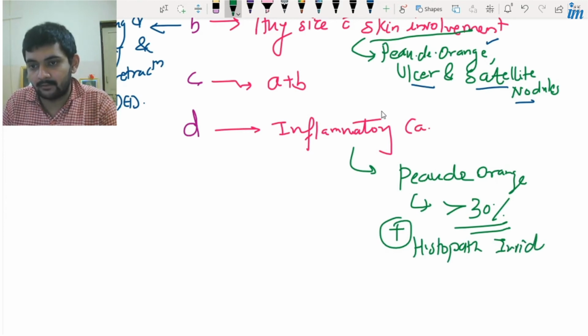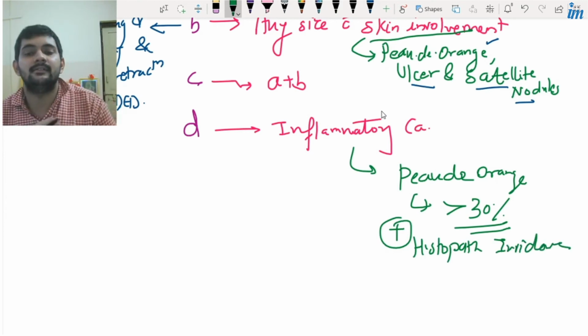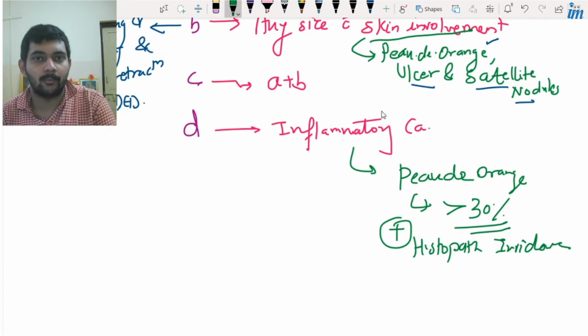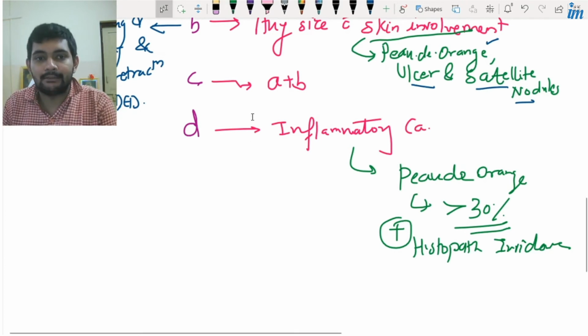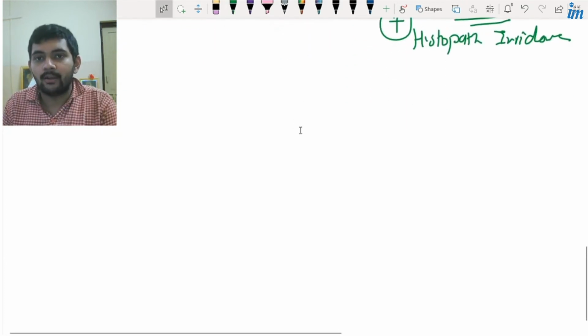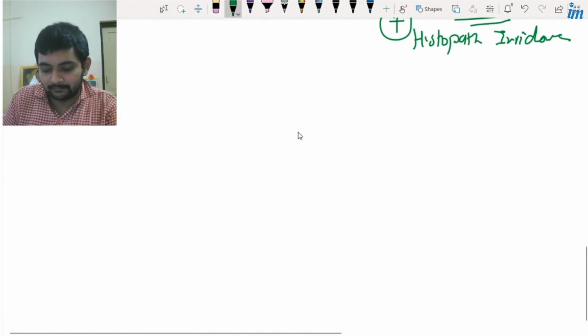And histopath evidence will tell that this is an inflammatory cancer. So if there is a report that says the patient is a case of inflammatory carcinoma of breast, you will write it as T4B. That's all about the T staging.